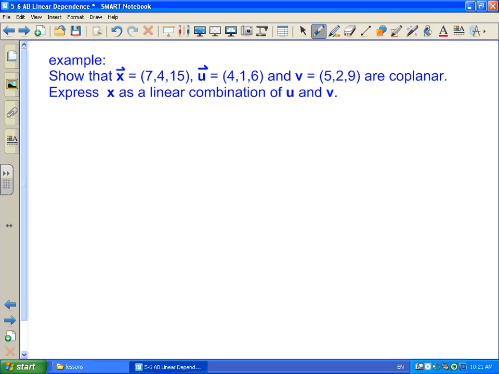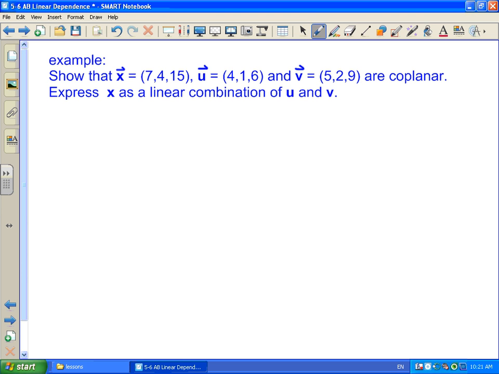And we'll put little vector symbols over top here. We are told that these things are coplanar. So we're told that they're coplanar. Express x as a linear combination of u and v.